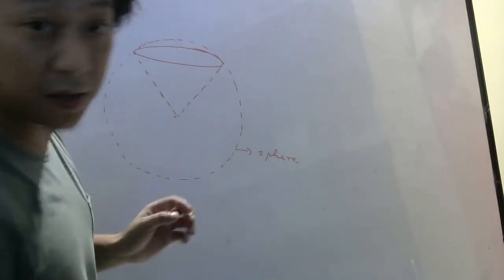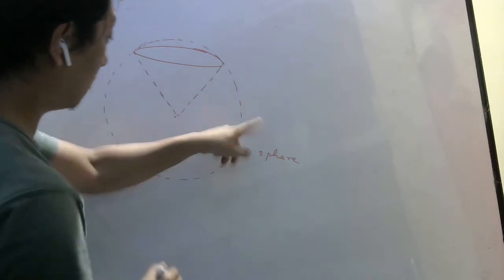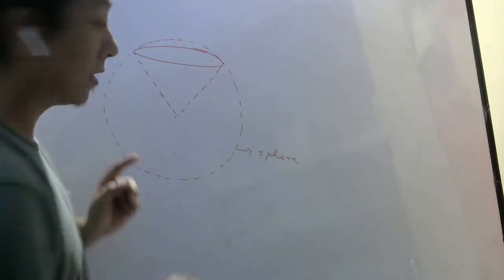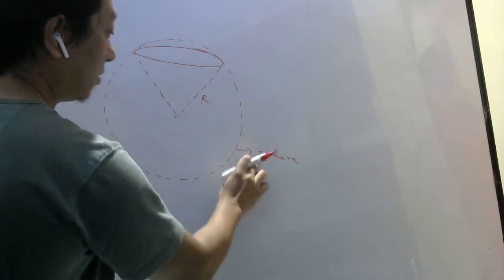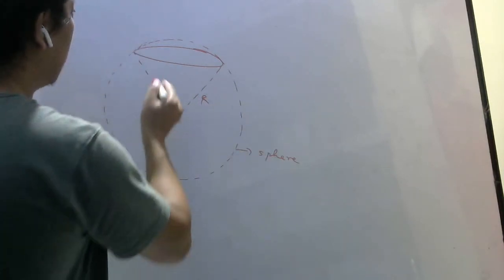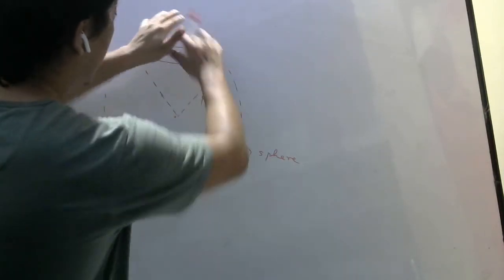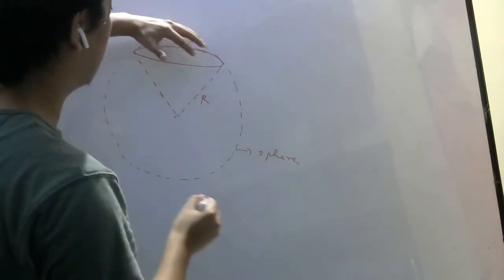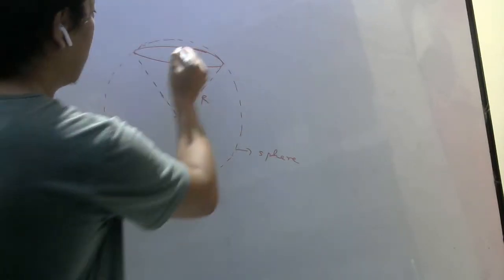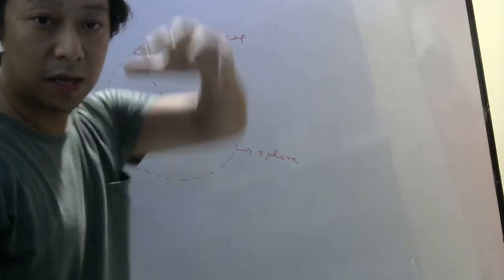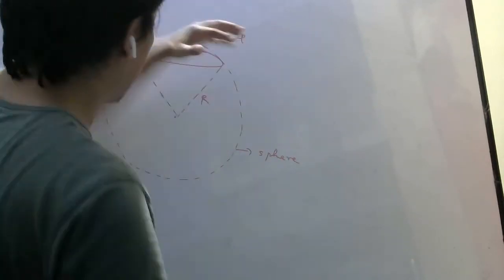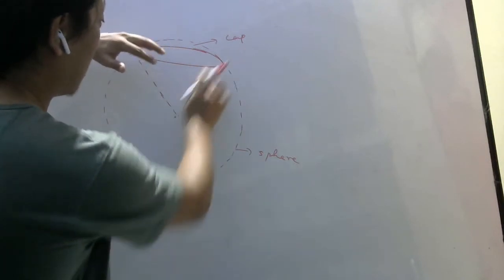This is the center of this imaginary sphere, and the distance from here to here is the radius of the sphere. If I calculate this cap area, it will look like a cap. If I divide that area by r square, I will get this solid angle.